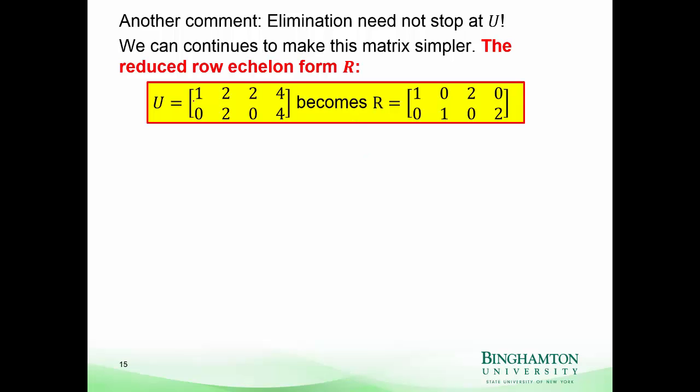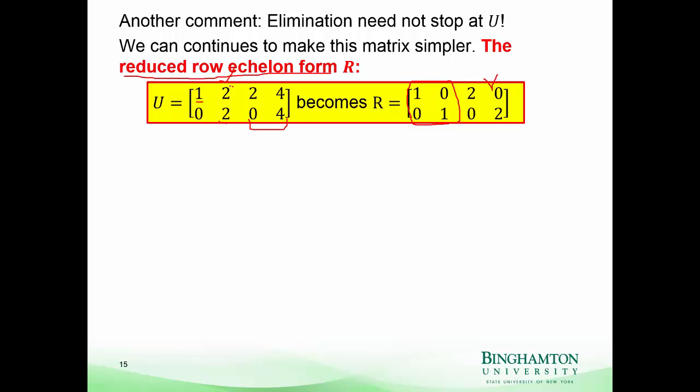So just another comment here. In this case, we did elimination up to this point, so we could identify what the pivots were and then see where our free columns were. But we'll find it better to actually go further into what's called reduced row echelon form. And so for this problem, it ends up looking like this. So notice that what we've done is we've eliminated everything above and below the pivots.